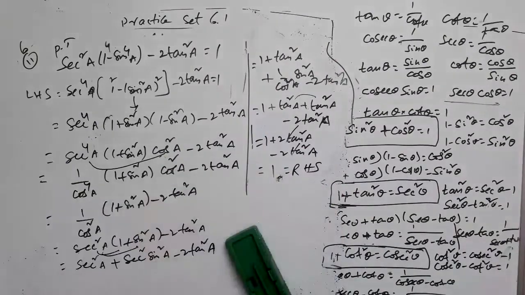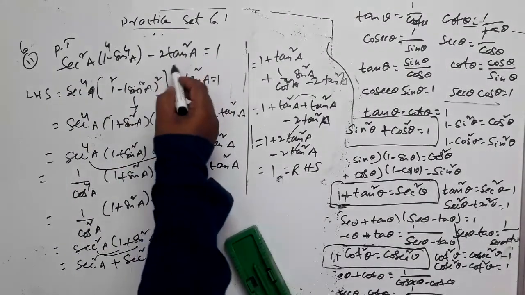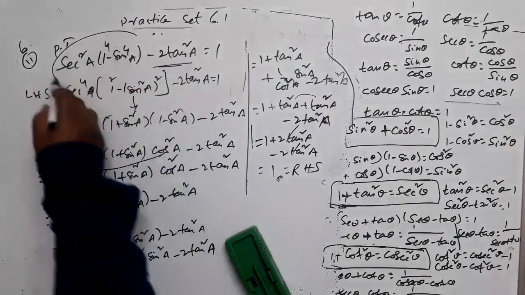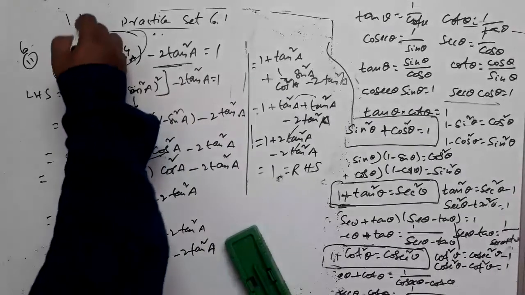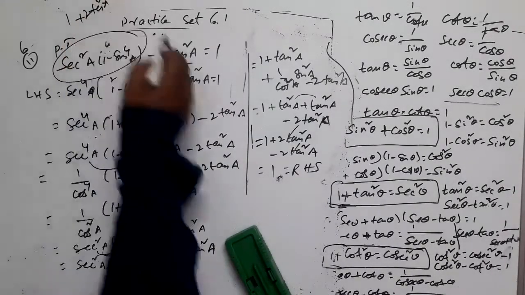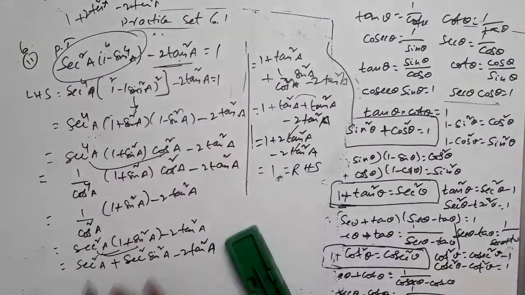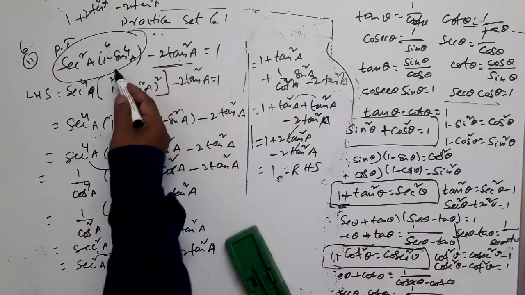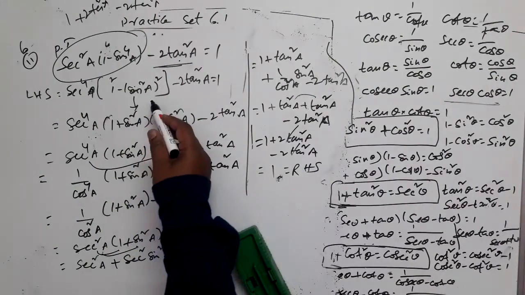So in this question, what have you done? Yes, we have started at LHS. Our target is to bring this term in terms of tan square, or 1 plus 2 tan square A is our target, so that this becomes minus 2 tan square A, they get cancelled and 1 will be remaining. So for that we have considered this to be like this: 1 square minus sin square A whole square.